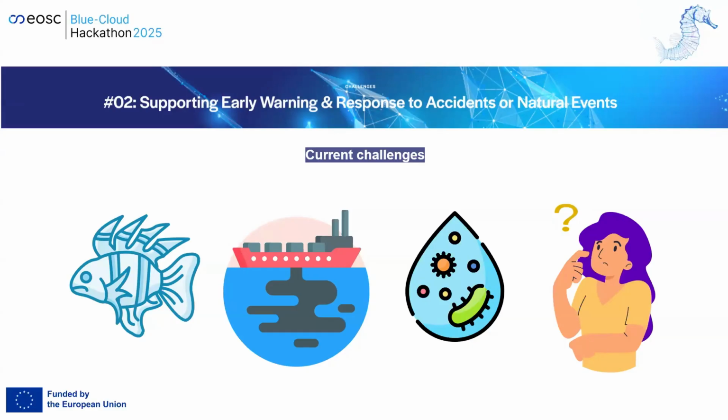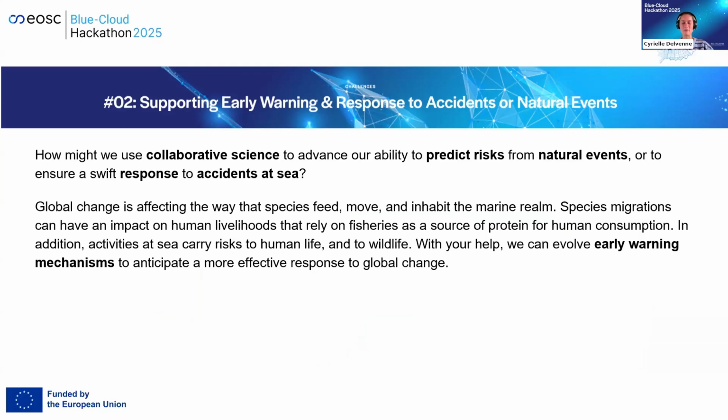What solutions can you provide for this? And of course, if you use Blue Cloud and all the work that we have done, you can come up with very good solutions, I'm sure. So what we want you to do is really to work collaboratively to predict those risks and to ensure a swift response to accidents at sea, including, as I said, oil spills, invasive species, and many others.